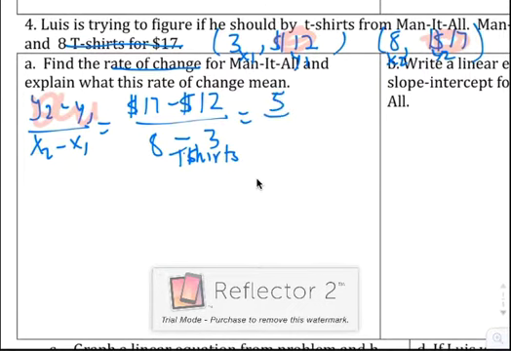So what does it mean? Explain what the rate of change is. $1 per t-shirt.